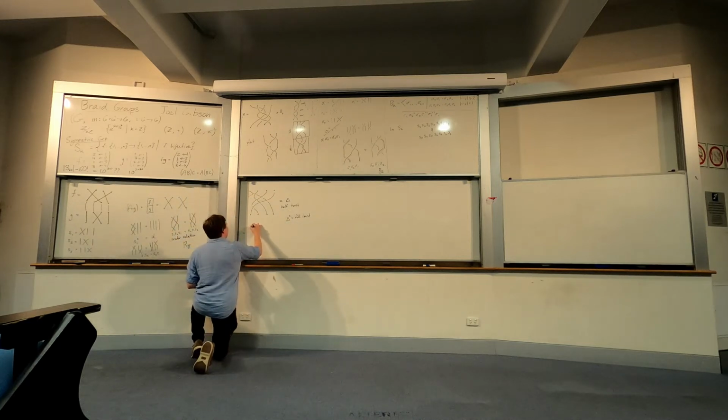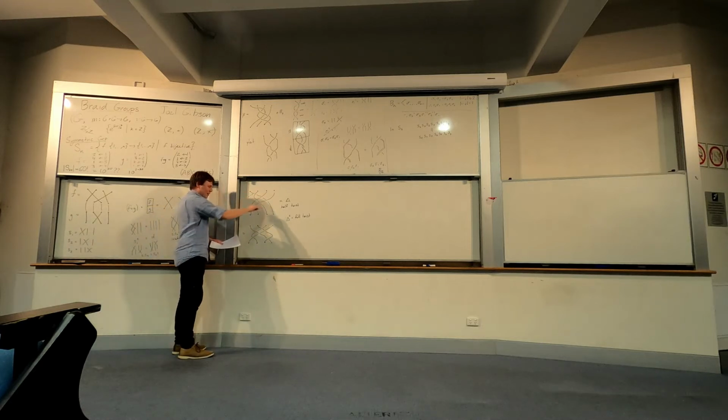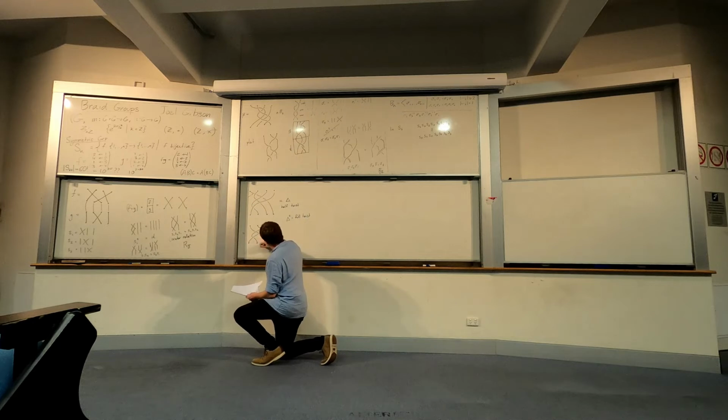So this is equal to: I move this crossing down to here, and then I do the rest of the thing. For convenience, I can write this a little bit lower down.